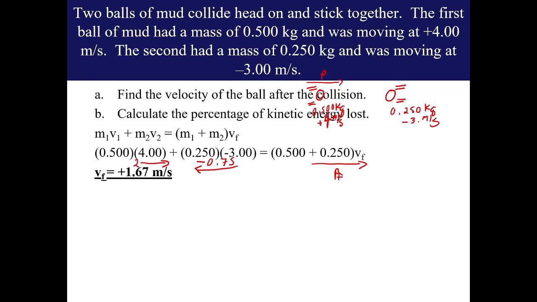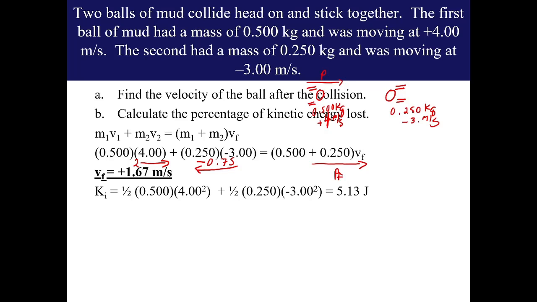So now we've got to get the percent kinetic energy lost. The first order of business is we've got to calculate the kinetic energy initial, and we've got to calculate the kinetic energy final. Remember that both are moving. So initially, there is kinetic energy for both of them, and we add it together.